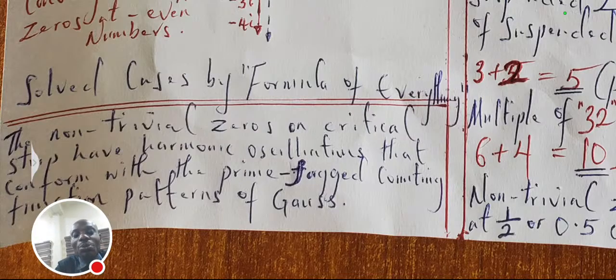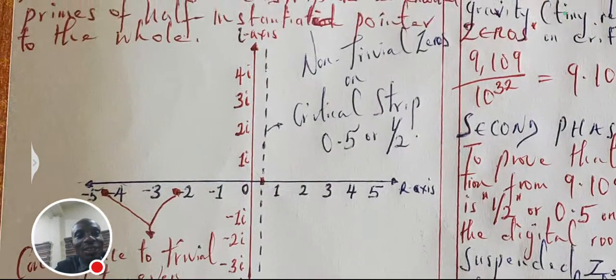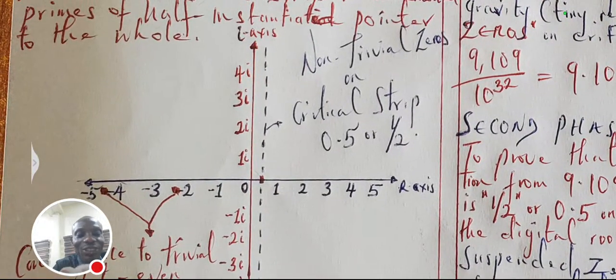By having it like that, we have seen that those zeros are prime encoded. So the zeros on the dashed vertical line, we know that they are prime encoded zeros.